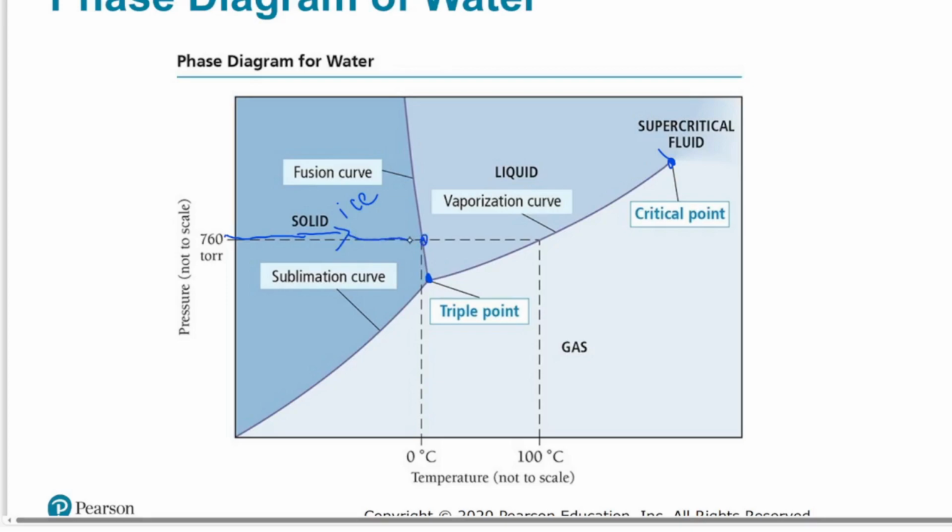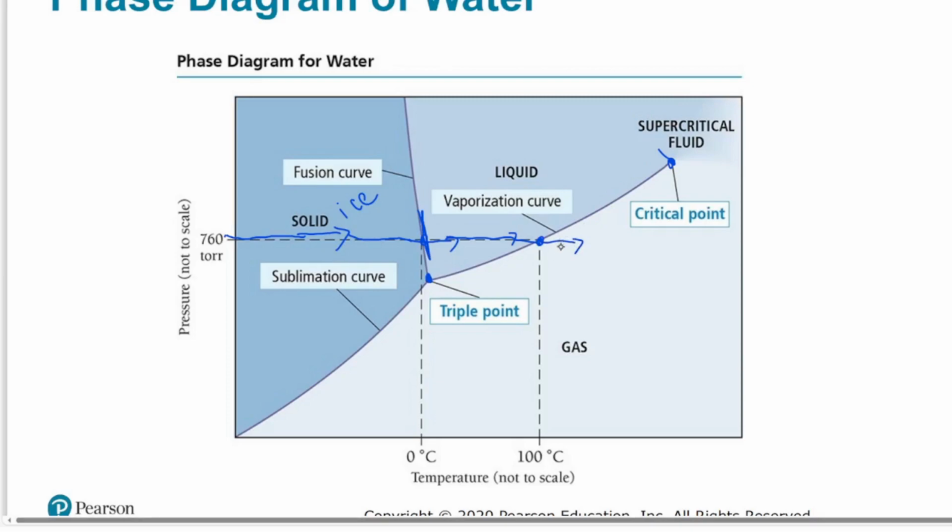So at 0 degrees C, the ice will transition from a solid to a liquid when we reach the fusion curve. As we increase the temperature further, we are heating the liquid water. At 100 degrees C, we're going to reach the vaporization curve for water, and the water will transition from a liquid to a gas.